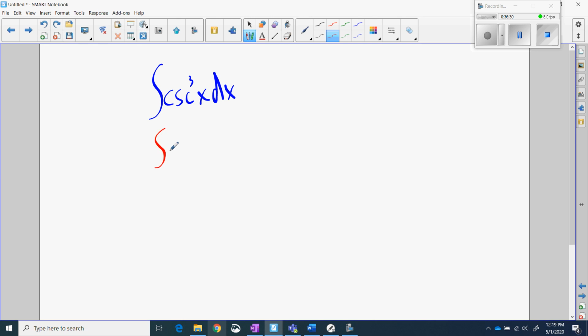I separated it and then away you go, you do the same thing. Let u equal cosecant x, let dv equal cosecant squared x dx.